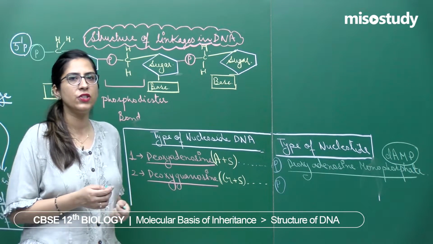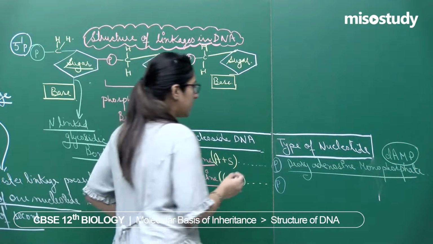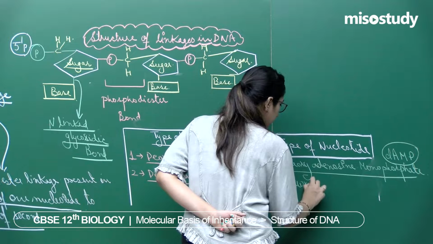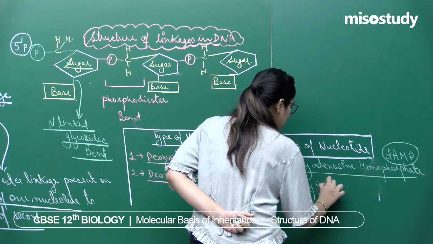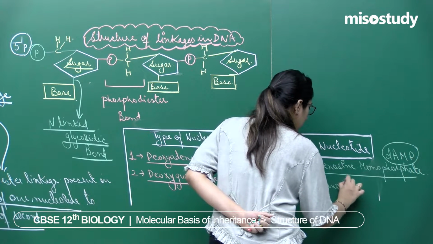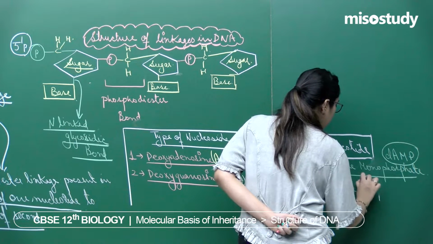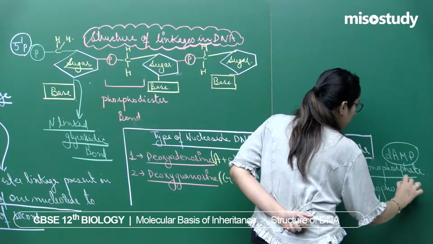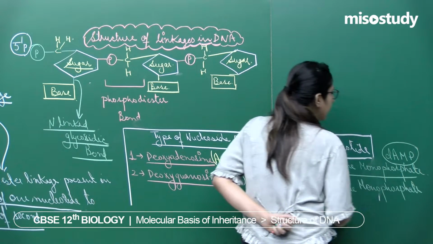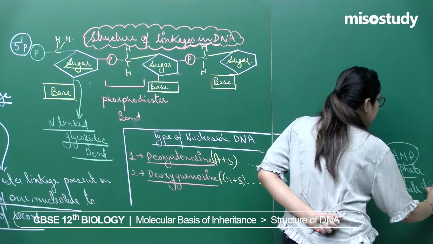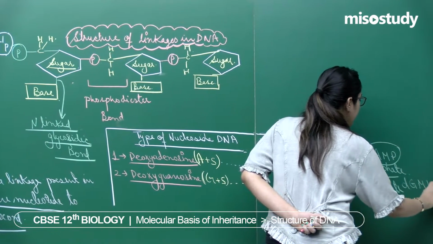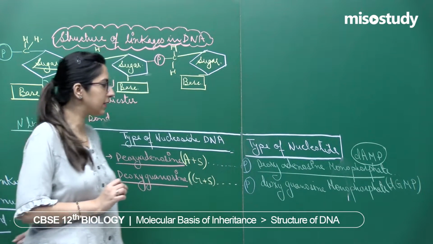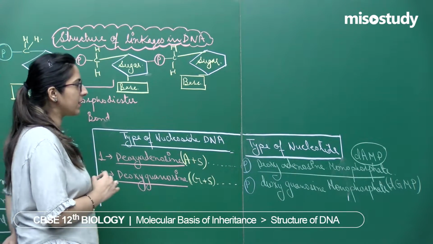That is dGMP, deoxyguanosine monophosphate, and we can call it dGMP. How this reaction happens, that we will discuss later on. So this is the second type of nucleotide.